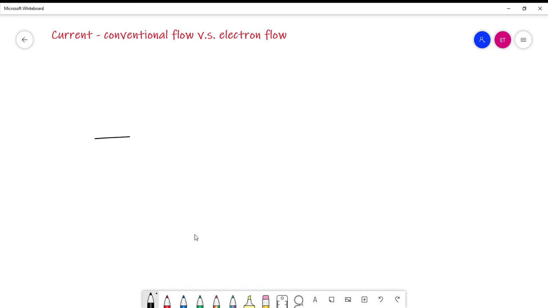So here we go. We've got a schematic symbol that will represent a voltage source: a long line, a short line, long line, short line. The long line side is the positive side, and the short line is the negative side.